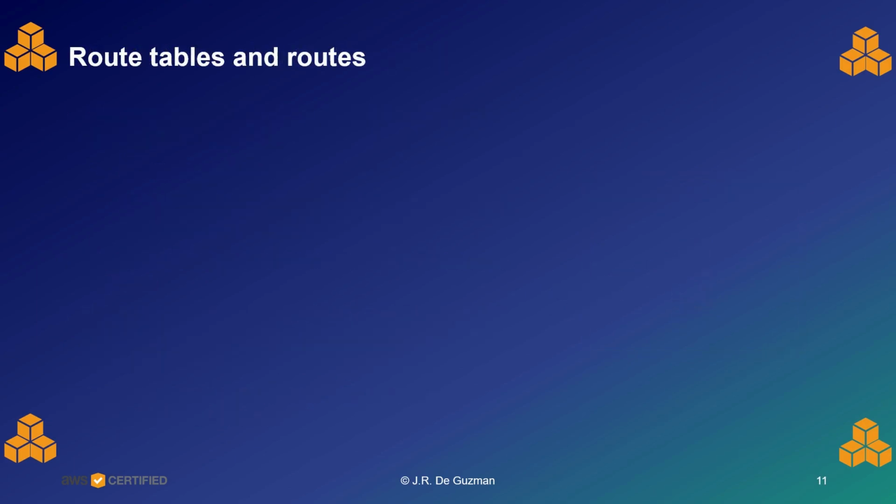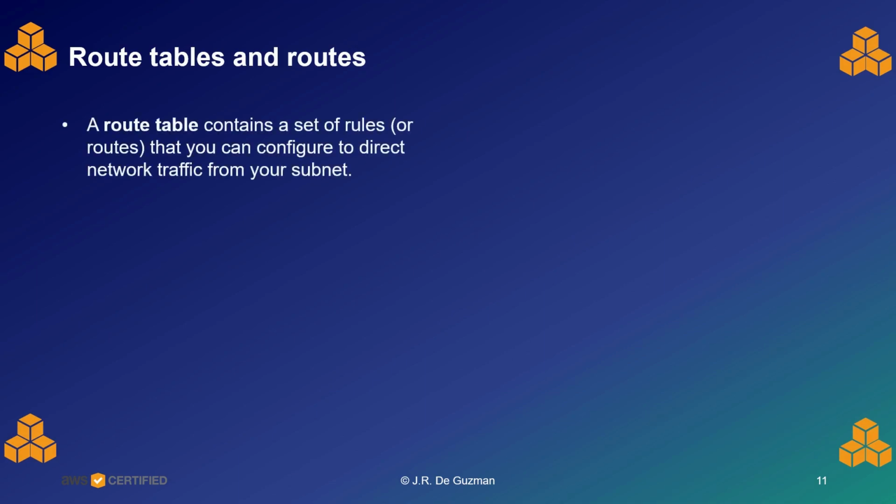Next, we have the route tables and routes. A route table contains a set of rules, called routes, that directs network traffic from your subnet. Each route specifies a destination and a target. The destination is the destination CIDR block where you want the traffic from your subnet to go, and the target is the target that the destination traffic is sent through.